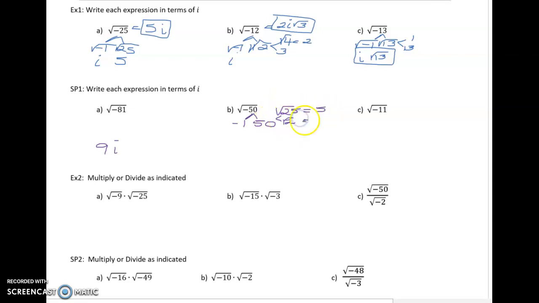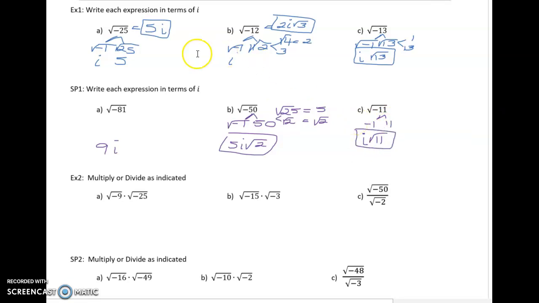Square root of 2 is a decimal, so we're just going to leave it square root of 2. So altogether you should get 5, from the negative we'll get i, and then radical 2. 5i radical 2. On the 11, all we can do is negative 1 and 11. So the answer is going to be i radical 11.